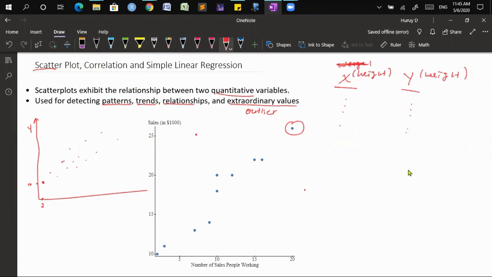Okay, now from this scatter plot, what do we see? So here we have, one is the direction of the association. As you can see, there is association between the two.